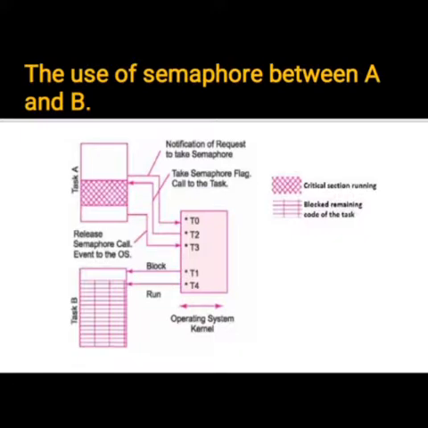Initially, a notification of a request to take the semaphore has come from task A at T0. After the request, the operating system immediately blocks task B. Task B also requires the same resource, so task B goes into the blocking state at T1.